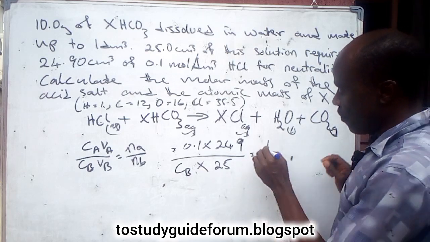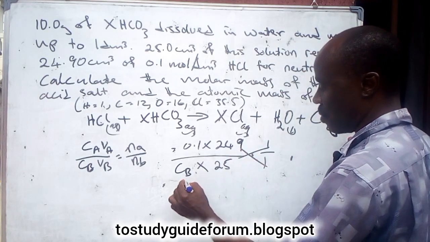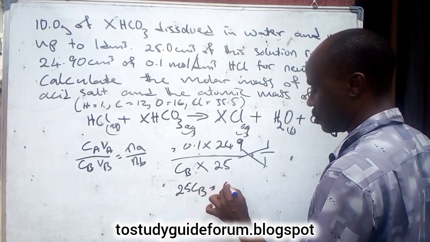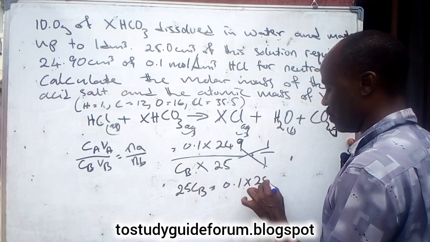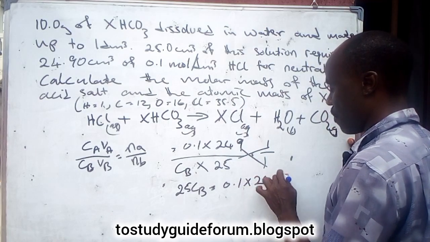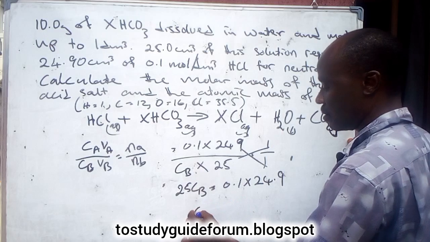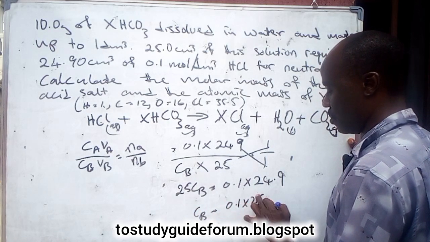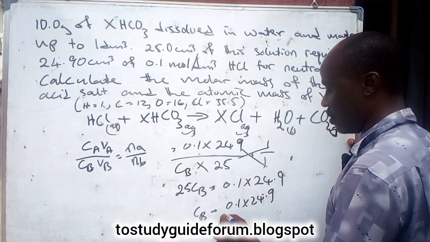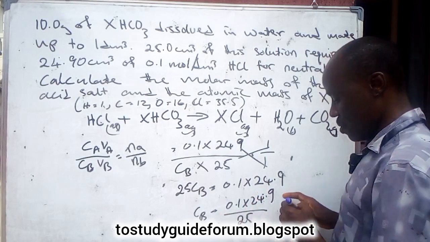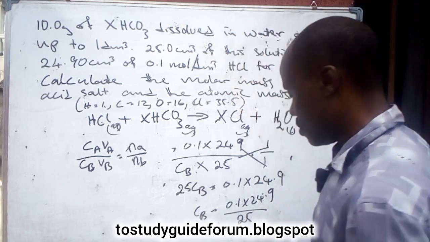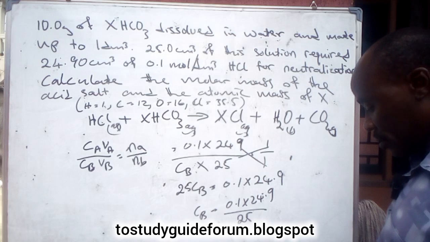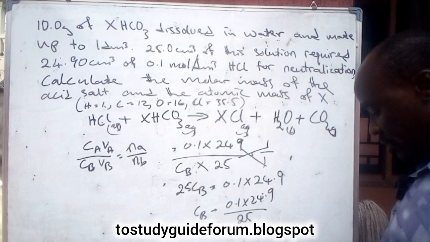So if we cross multiply, we will have 25 Cb equal to 0.1 times 24.9. Cb will then be 0.1 times 24.9 all over 25.